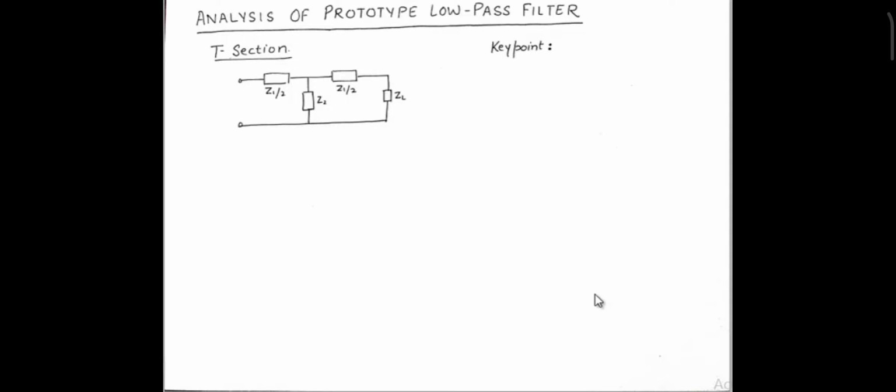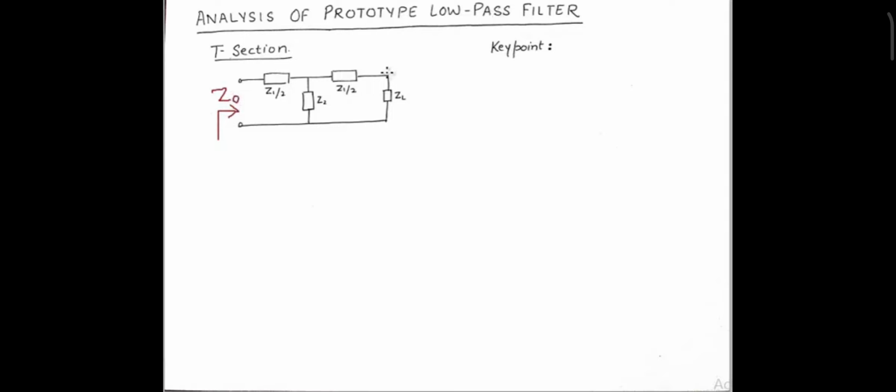So for a low pass filter of T section, in this video we'll talk about T section first. Let us say we have a T section low pass filter or T type low pass filter. So how do we find the characteristic impedance of this low pass filter?